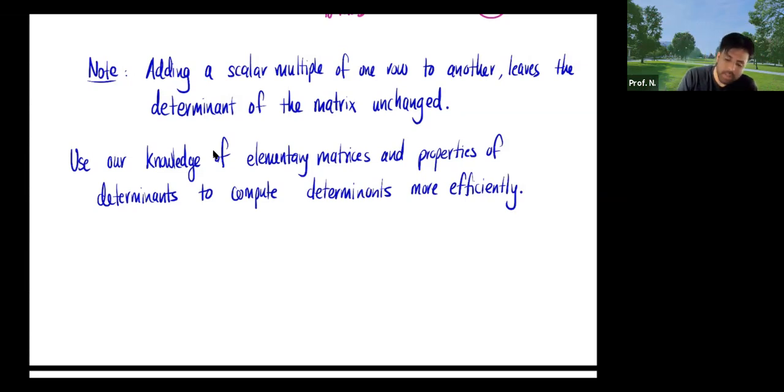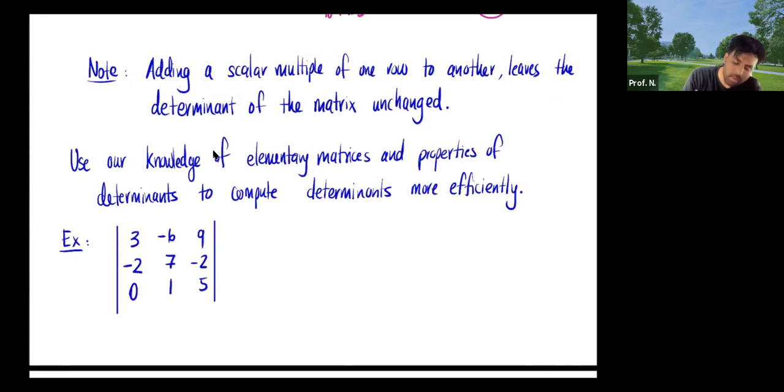And why is that? Because once we're able to use these ideas of elementary row operations, elementary matrices, and these properties of determinants, then, for example, if I want to find the determinant of something like this, -3, 0, -6, 7, 1, and 9, -2, 5, what do we normally do for this? We can do two things.